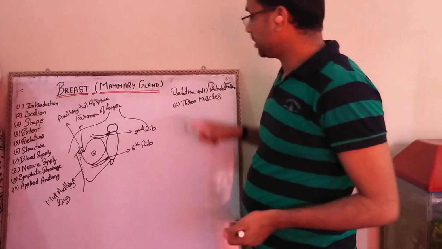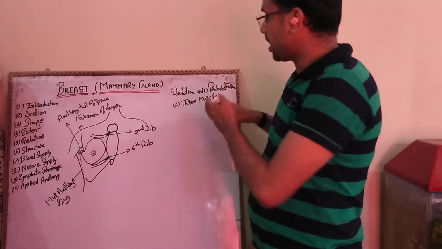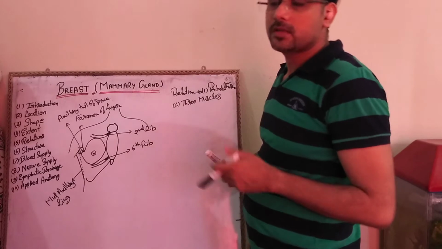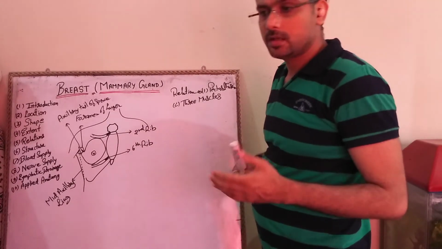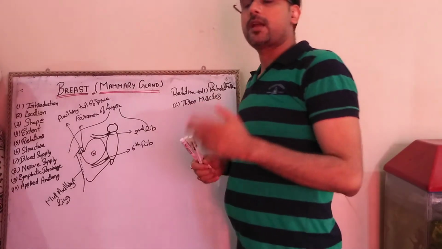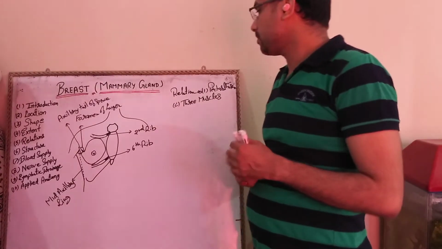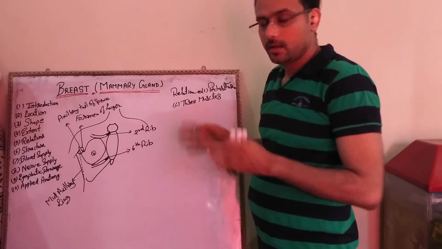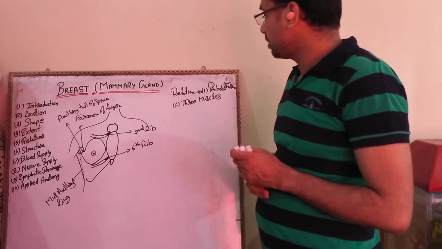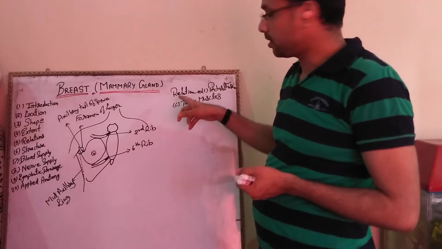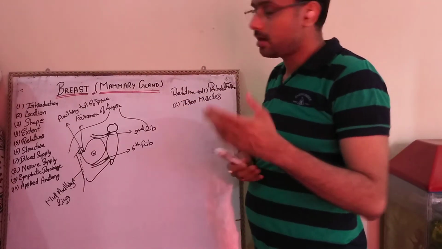The three muscles are pectoralis major, serratus anterior, and the aponeurosis of the external oblique muscle. Firstly, we will understand the relation of the breast with the pectoral fascia by a diagram.